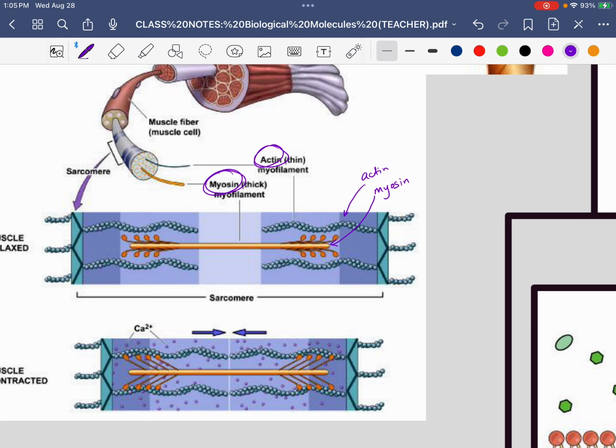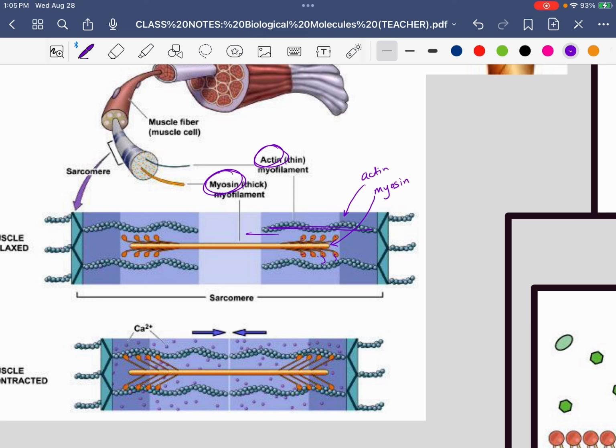So this actin filament here will slide over the myosin. It's actually these parts of the myosin protein that use ATP energy and help to pull.